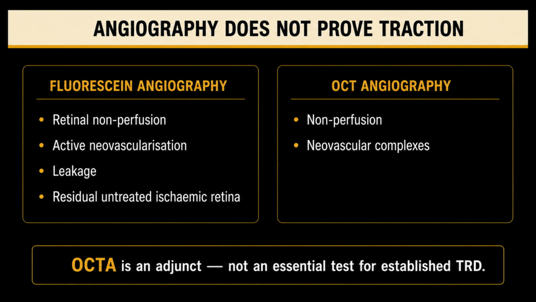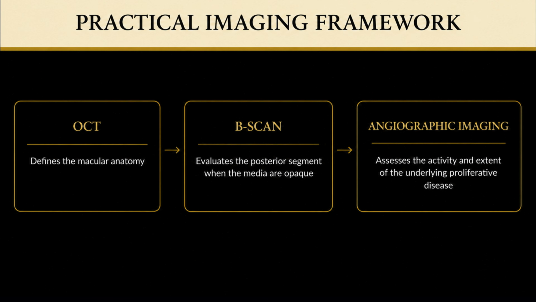OCT angiography may also demonstrate non-perfusion areas and neovascular complexes, but it remains an adjunct rather than an essential test in the routine assessment of established TRD. So the practical imaging framework is: OCT defines the macular anatomy, B-scan evaluates the posterior segment when the media are opaque, and angiographic imaging assesses the activity and extent of the underlying proliferative disease.